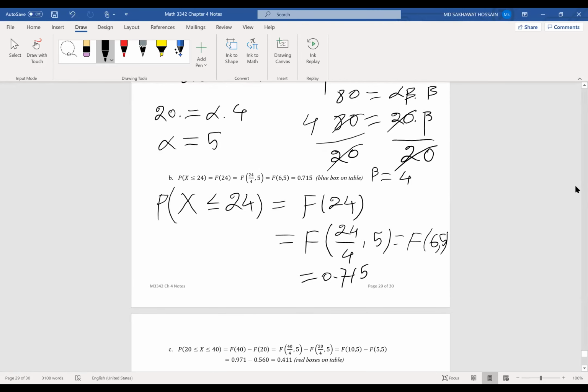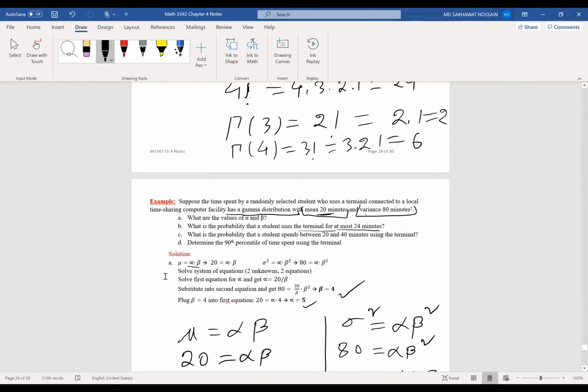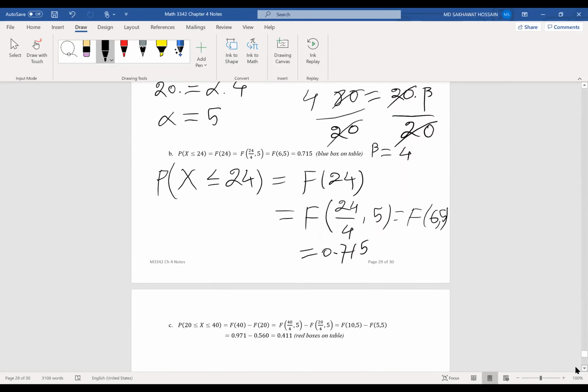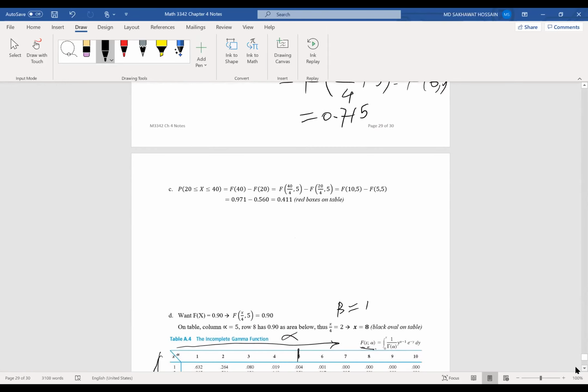Okay, the next one is: what is the probability that a student spends between 20 and 40 minutes using the terminal? So x is between 20 and 40. You have to use the CDF, F(40) minus F(20). Now calculate the values. We know beta is 4 and alpha is 5.